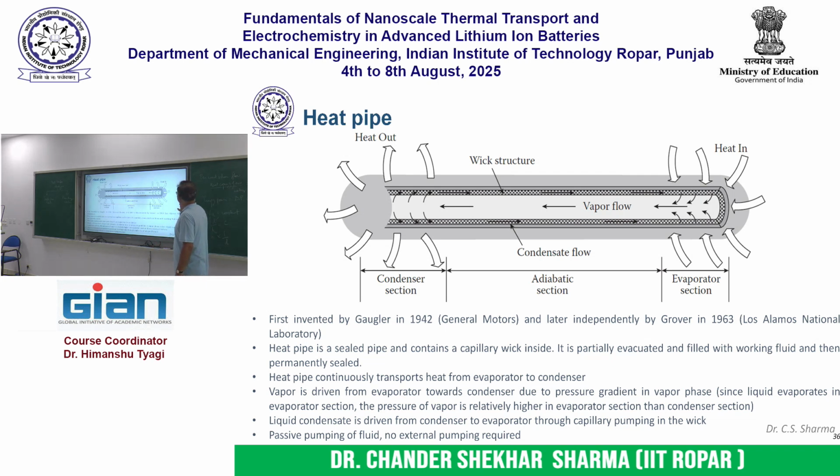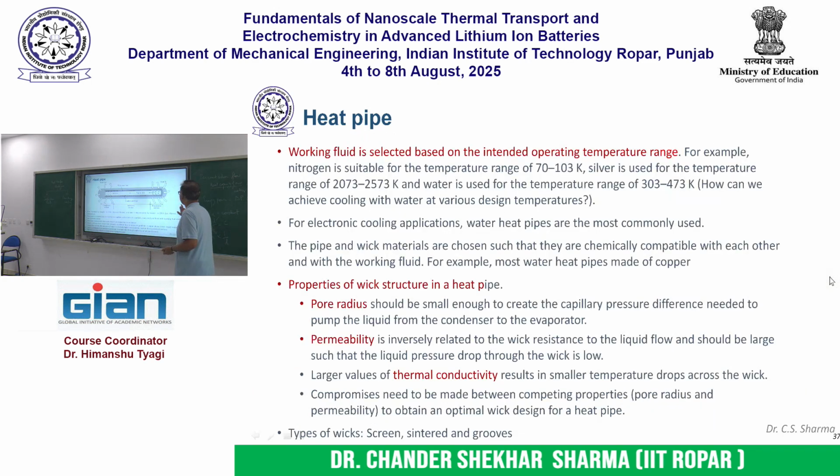This device is also not new. It was invented way back in the 1960s, but nowadays most of the laptops you are using have heat pipes of different configurations. In the heat pipe, the working fluid can be selected based on the application.